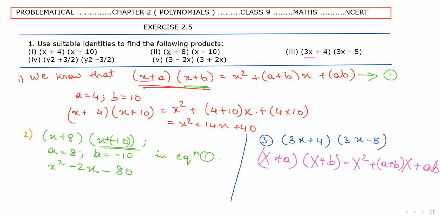Equating this with your given question, you can see that this part looks something like the question. Equating it, you get capital X is equals to 3x. First term of both the factors. Your a is equals to 4 and b is equals to minus 5.